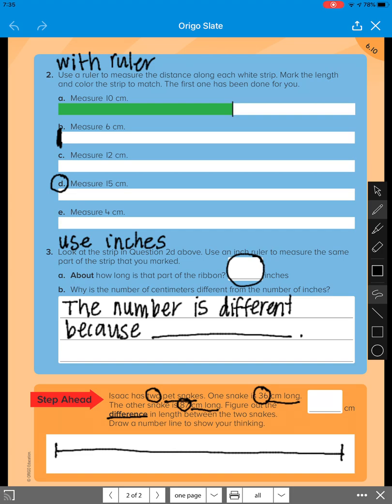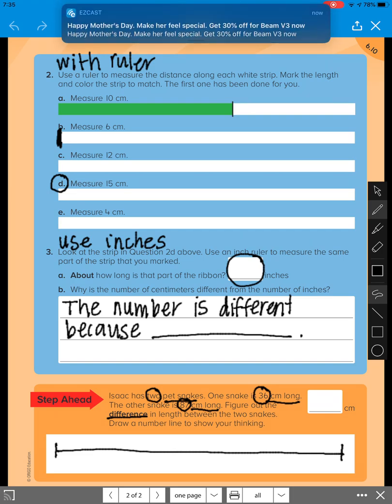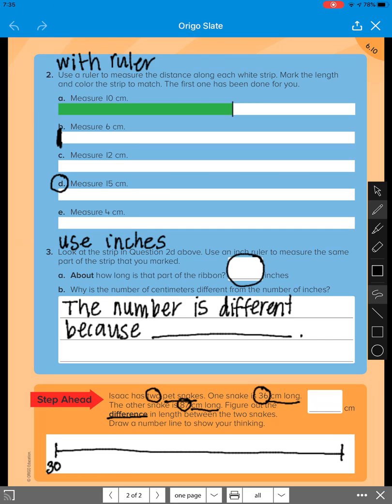So a good place to start would probably be around 30 centimeters. And then ending at about 90 centimeters. So your halfway point through here should be about 60.